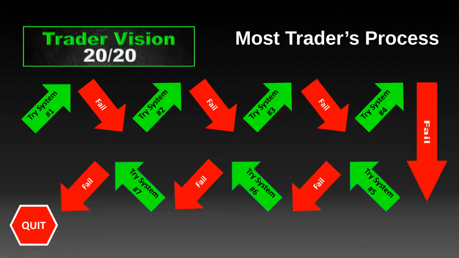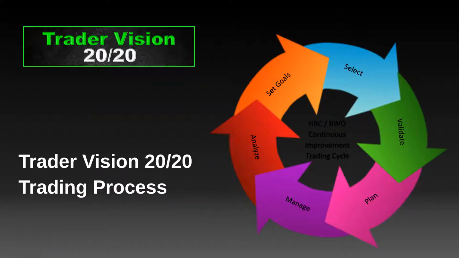The difference for a professional is that they use a very set process, and they have additional things that normal people don't pick up for years. They set their trade goals. They select trades based on those goals. They validate every trade against their rules. They plan every trade.